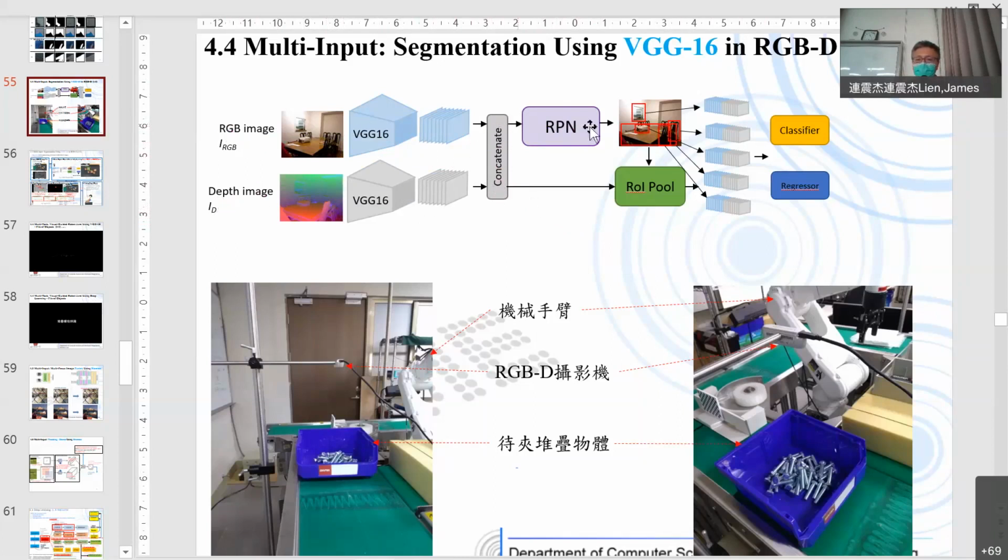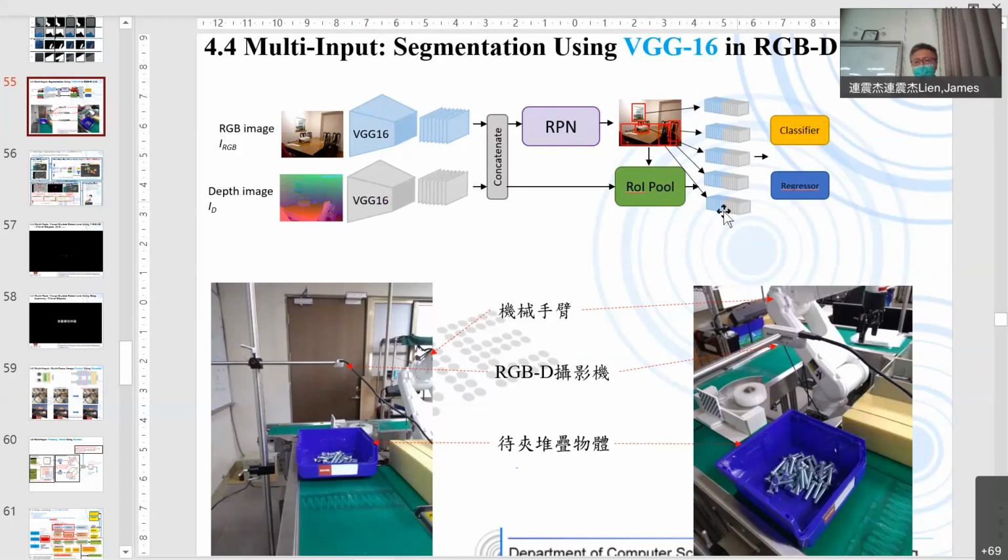Here we get the initial bounding box R1, and we do the alignment to become features, normalizing to the same size. So each bounding box has its features. The blue one is from the RGB information, and the depth we keep here.